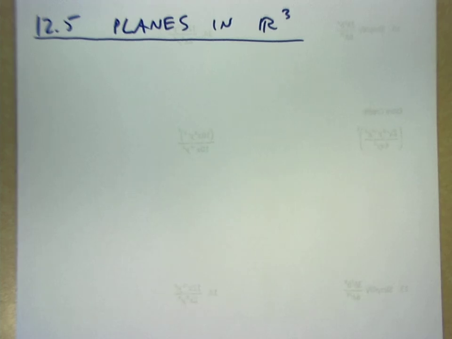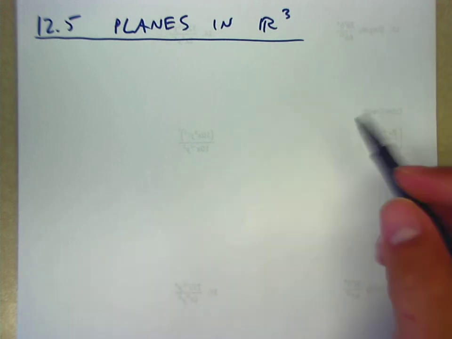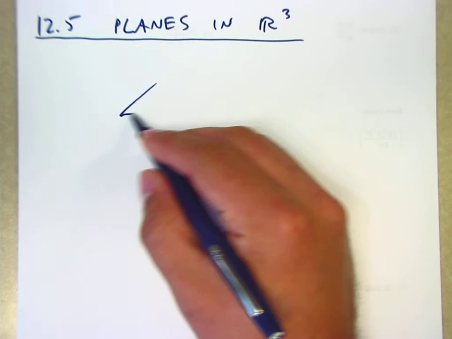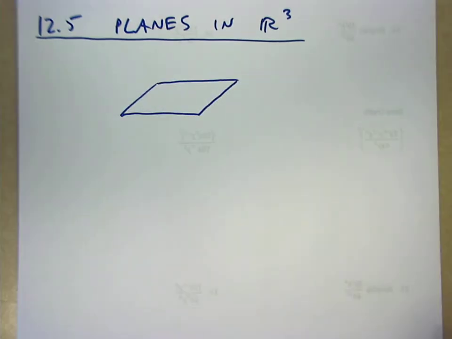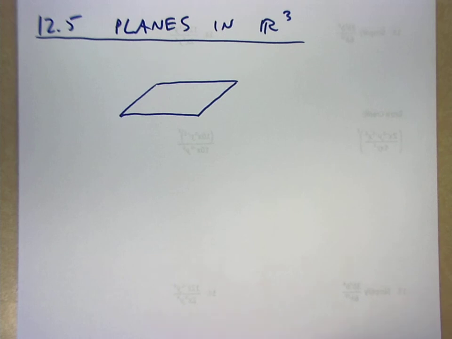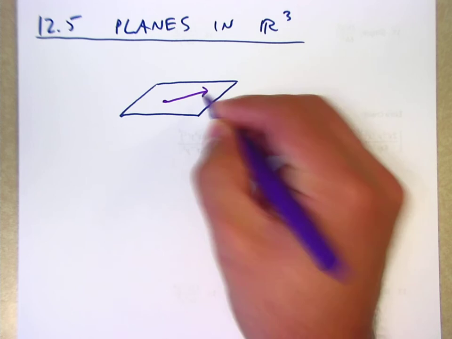So I'm going to go through, let's see if we can figure out the equation for a plane first of all. So let's say we have a plane, and on this plane there's a vector that looks something like that.